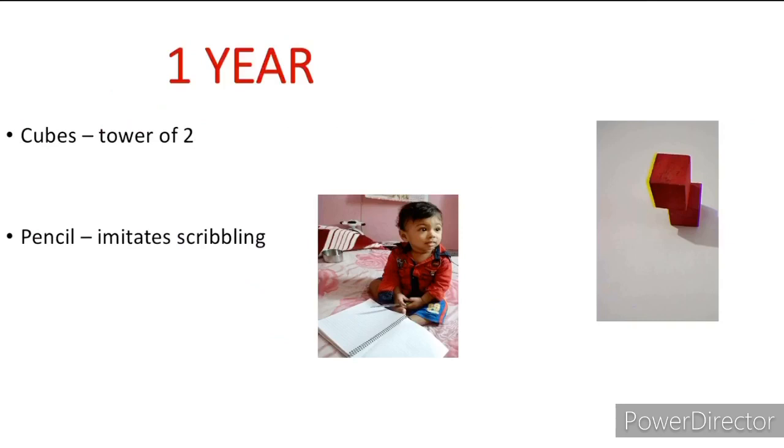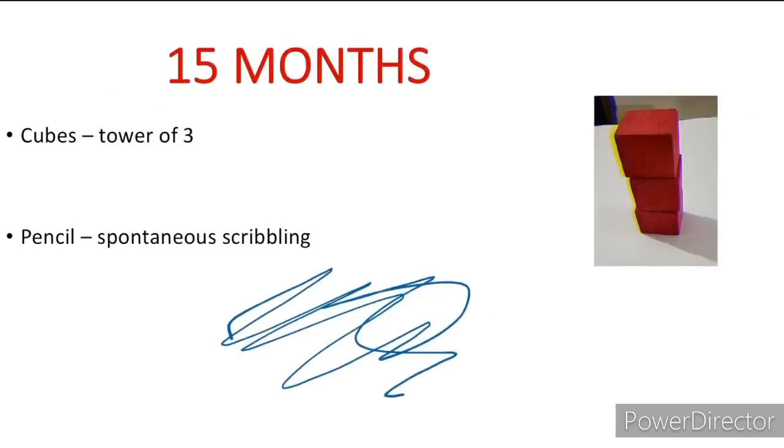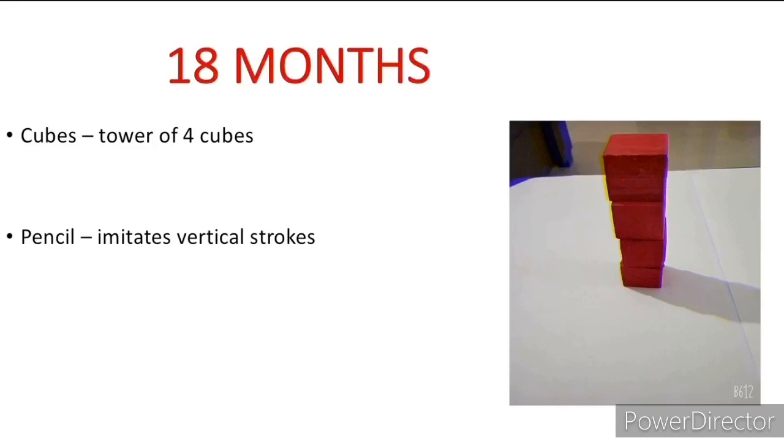So at 1 year of age, the baby can easily make a tower of 2 cubes, and the baby tries to imitate scribbling. At 15 months, a tower of 3, and if we give a pencil, there is spontaneous scribbling. At 18 months, a tower of 4 and imitates vertical strokes.